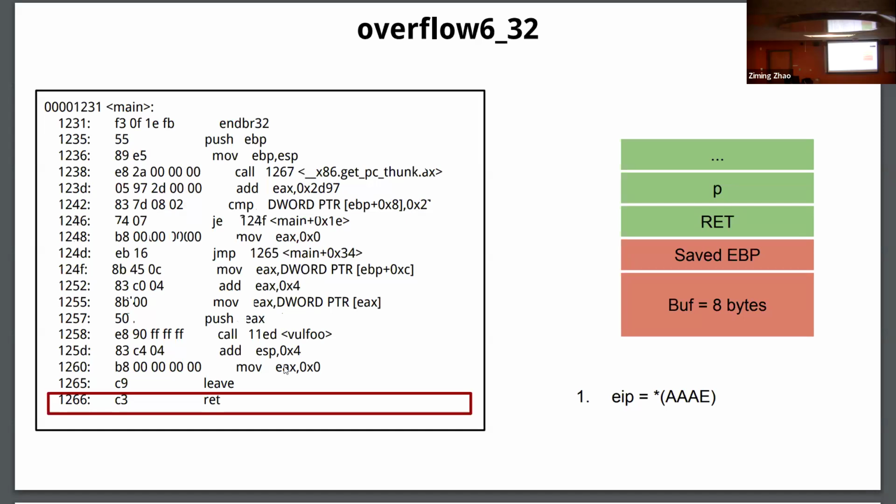It looks like this, and this address actually points to somewhere here. So the value is the address of this. This is the main function's stack frame. Here we also have another saved EBP, with a different value, then there will be a return address.